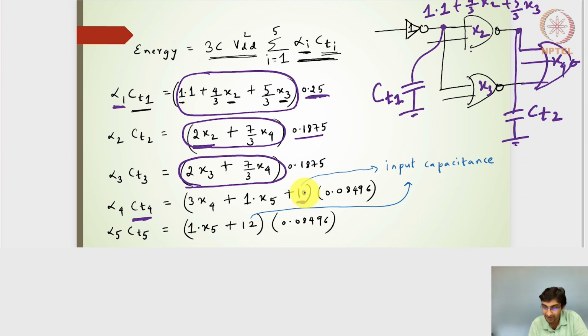So I will have the 10 and its own 3-input NOR gate parasitics is 3 and a driving factor of x4. So the parasitic capacitance is 3 into x4, plus the input capacitance coming from the next stage, which is an inverter having a driving factor of x5 with its logical effort as 1. So I will have the input capacitance of 1 multiplied by x5 plus the additional load capacitance of 10, multiplied by the activity factor here.